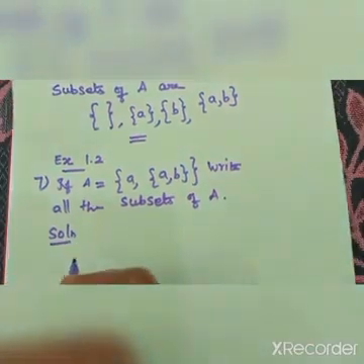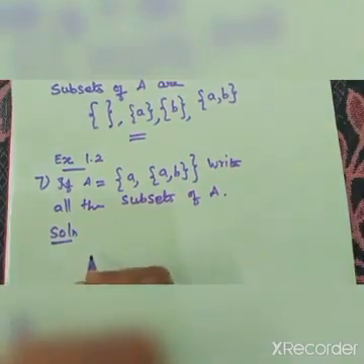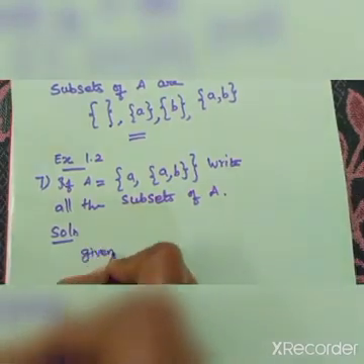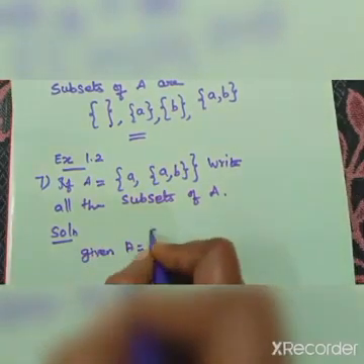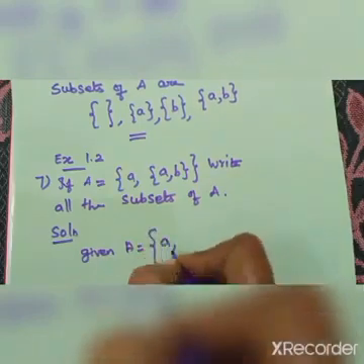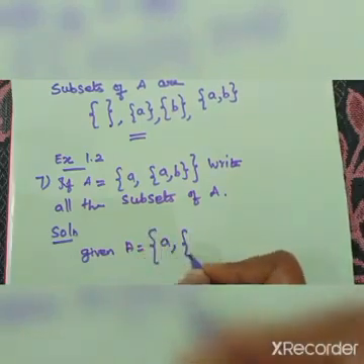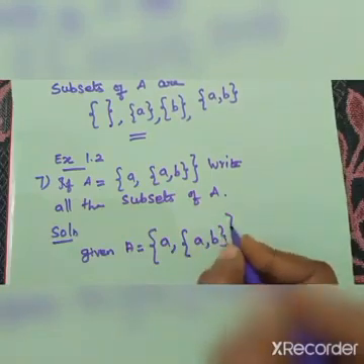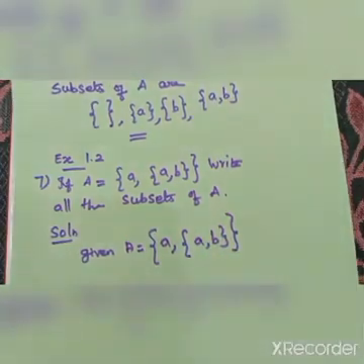Here, given A is equal to {a, b}. We have to write the subsets.